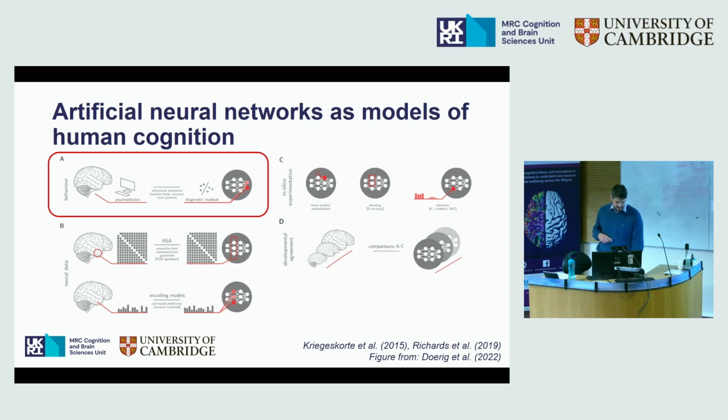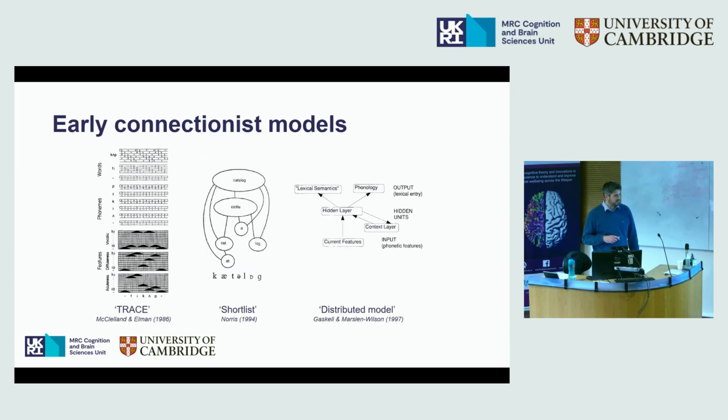So this modeling work goes back decades, back at least to the 80s, where the first connectionist models emerged. Just a handful of these, of course, it's not an exhaustive list at all. These models were designed so that they could explain aspects of human psychology, human word recognition.